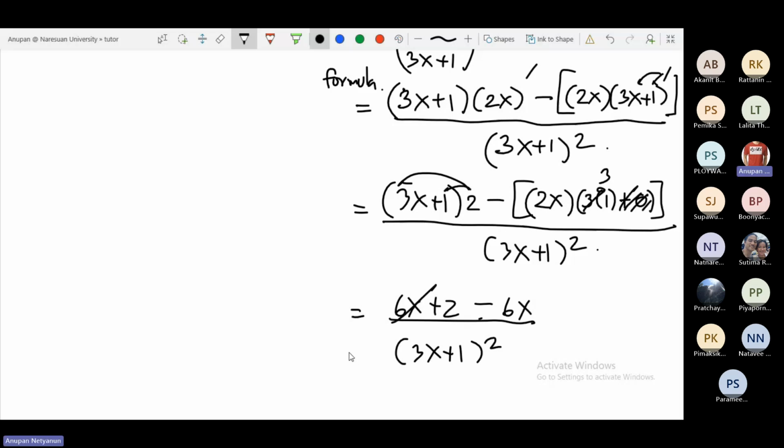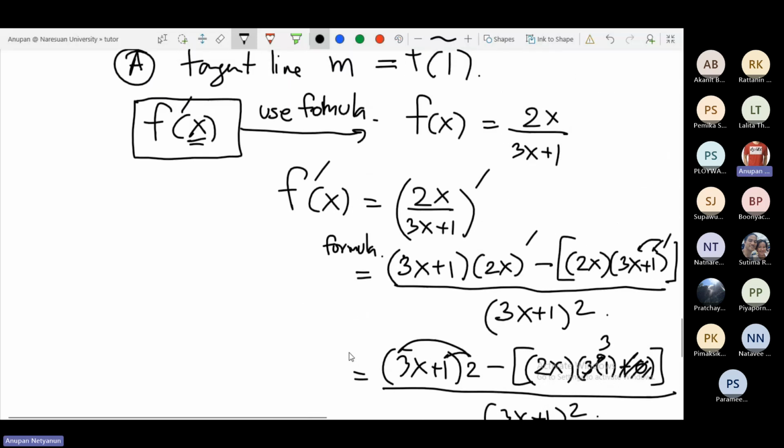You can see that this cancels this. You have 2 over (3x plus 1) squared. And that is your derivative of f at any x, right?